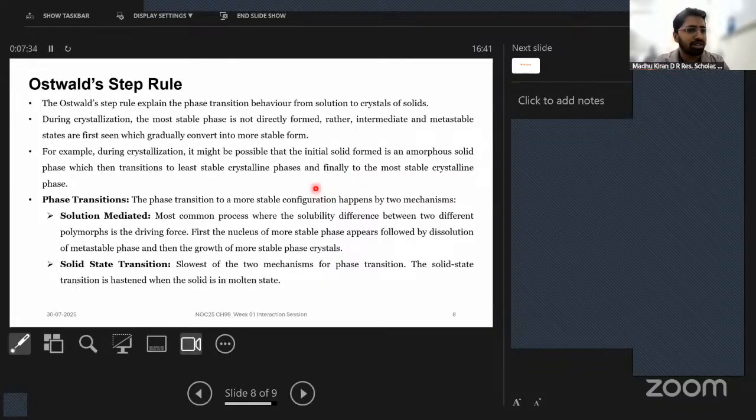There was another question regarding the Ostwald's step rule. Basically, Ostwald's step rule states that, suppose there is one compound while crystallizing, I'll try to explain it in some layman terms. Say you're trying to go down the stairs. You don't directly go from the starting to the bottom. You gradually step down, right?